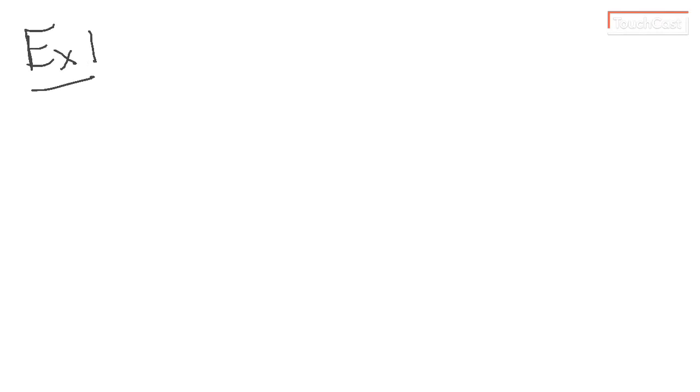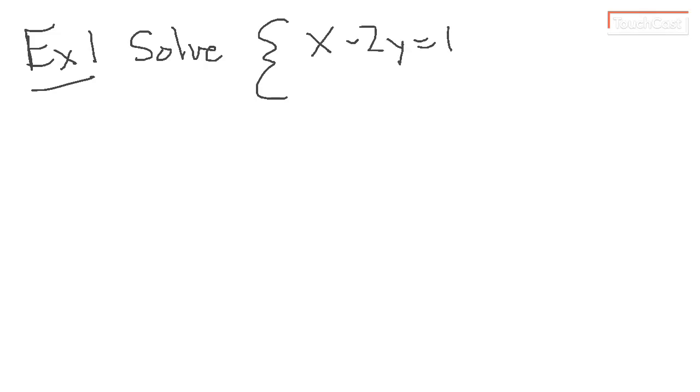We're going to solve x minus 2y equals negative 19, and 5x plus 2y equals 1. Now, step 1 is kind of already done for us, but let's rewrite it.